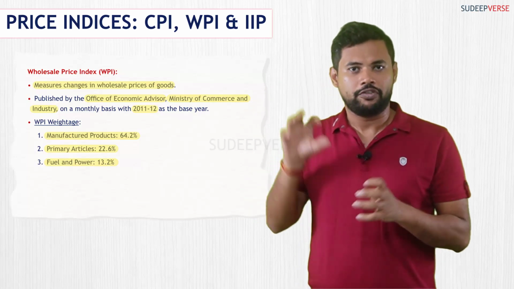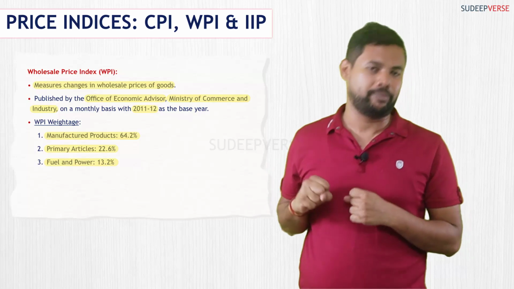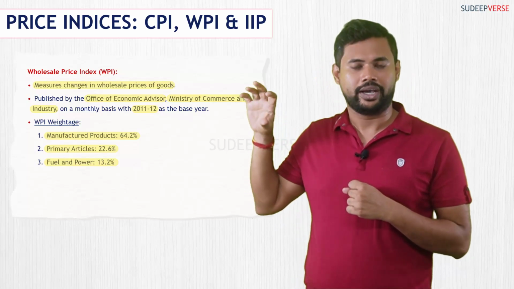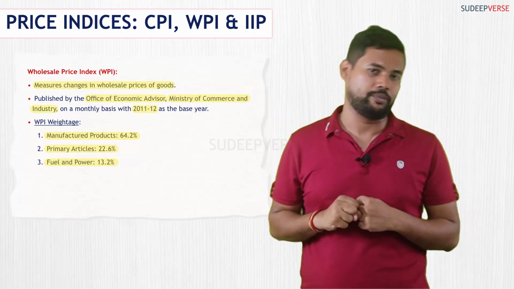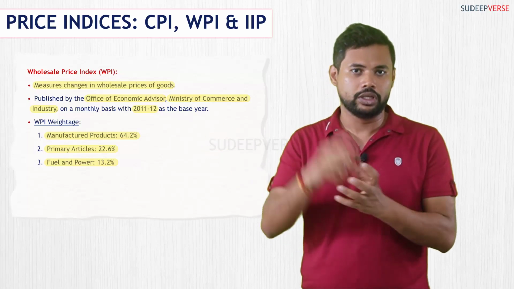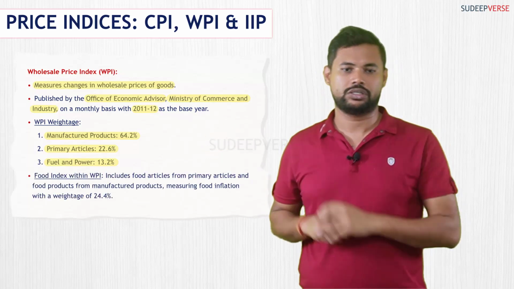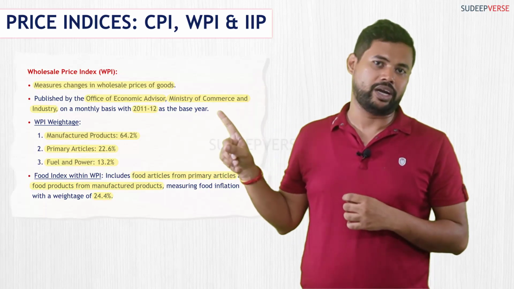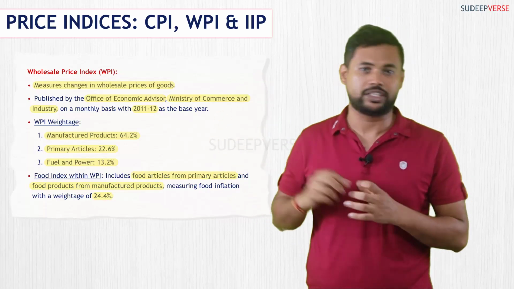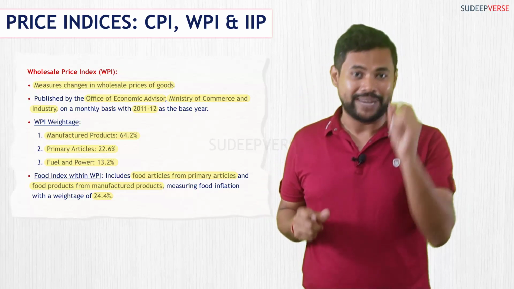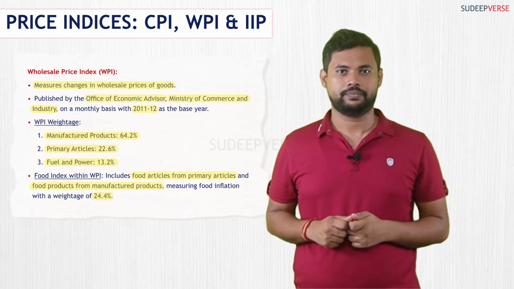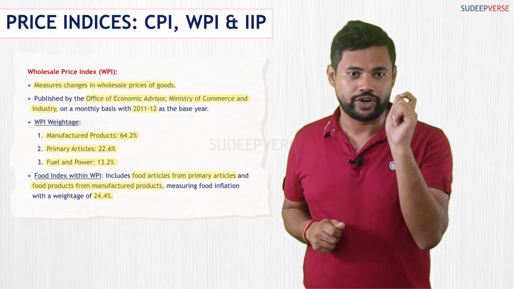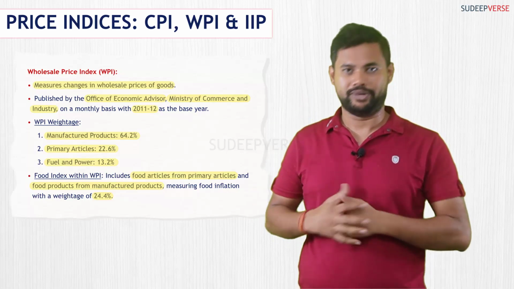If I take the food articles from the primary articles and the food products from manufactured products and club them both, they become the food index. The food index measures food inflation, and the weightage for this food index is 24.4%.